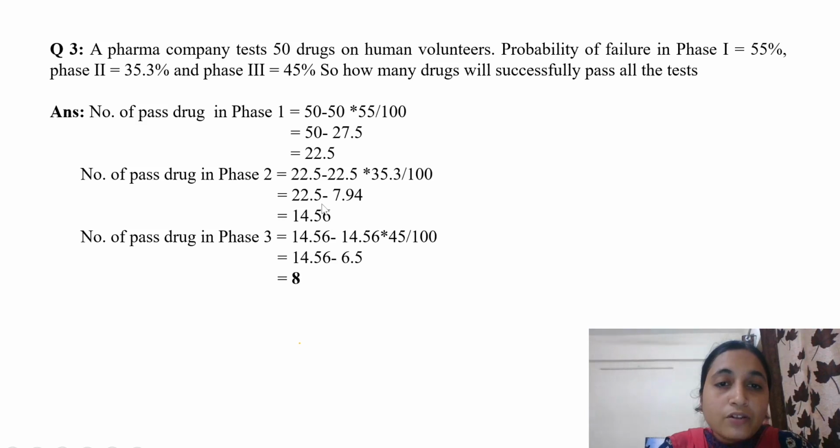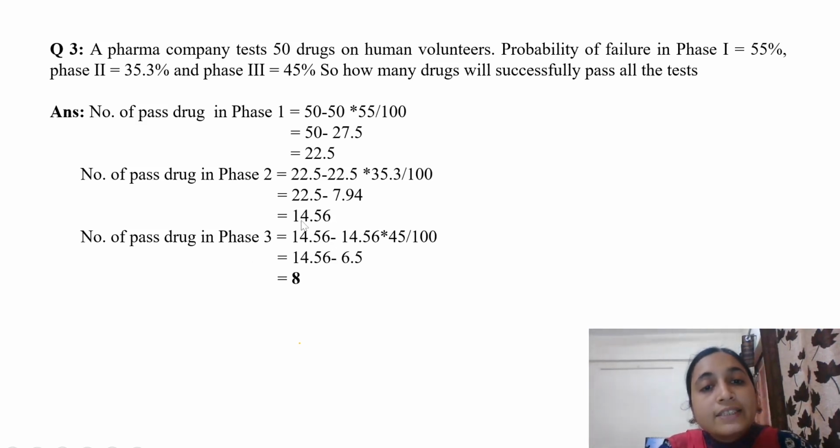So it will come to 14.56. We have taken 22.5 drugs in phase 2, but only 14.56 drugs will pass. Only the drugs which pass phase 2 will go to phase 3.